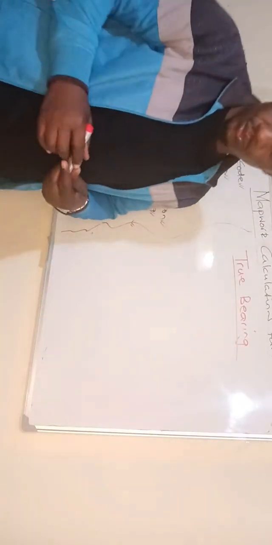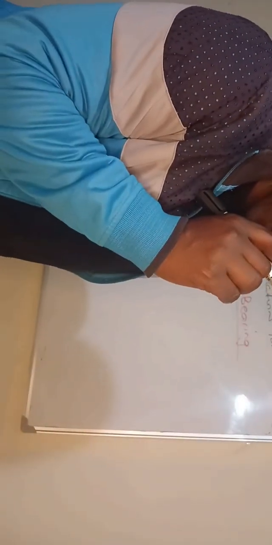I'm going to use two examples to make our life easier. The simplified one. I want us first to find direction from a fixed point. Then after that, I'll do the bearing.